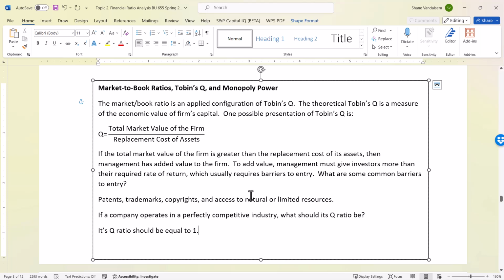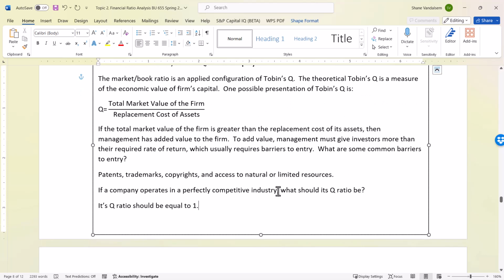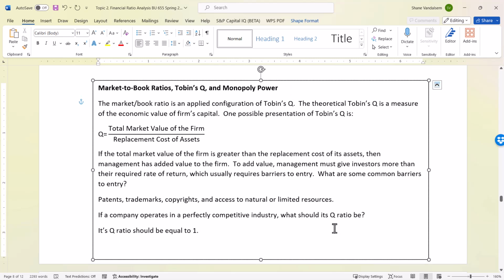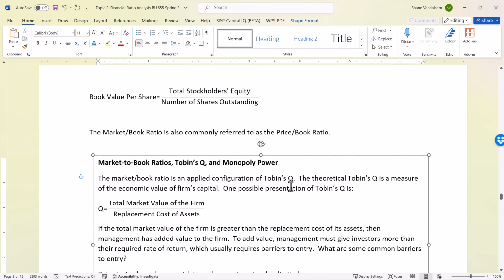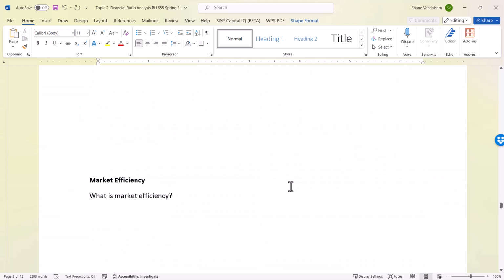Its Q ratio should be equal to 1, because through competition, the value of the firm, or the value of the assets of the firm, the market value, will decrease through price competition or other types of competition, to reduce the value added just to the required rate of return for that company.